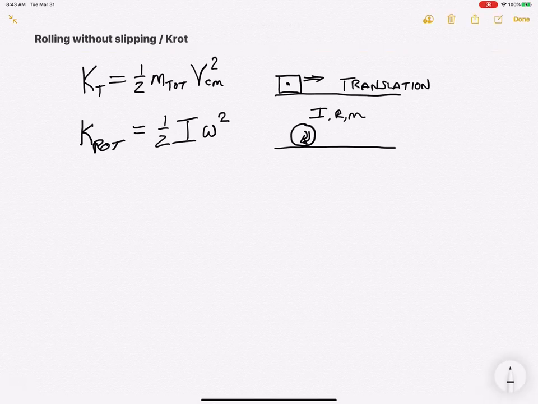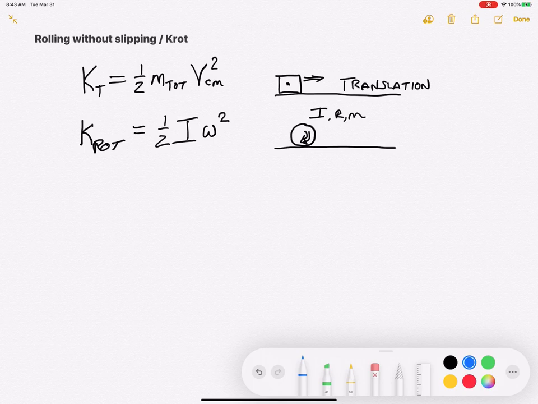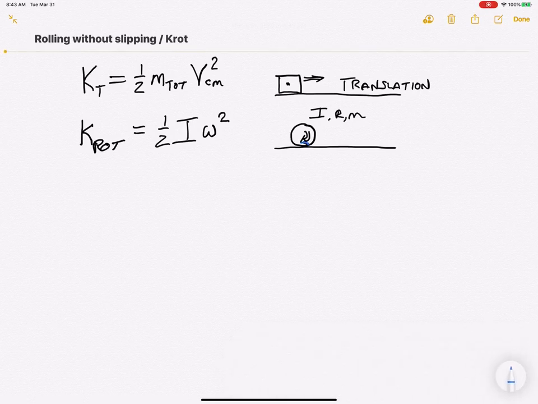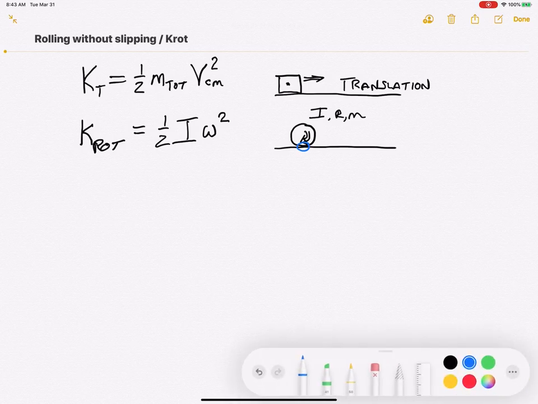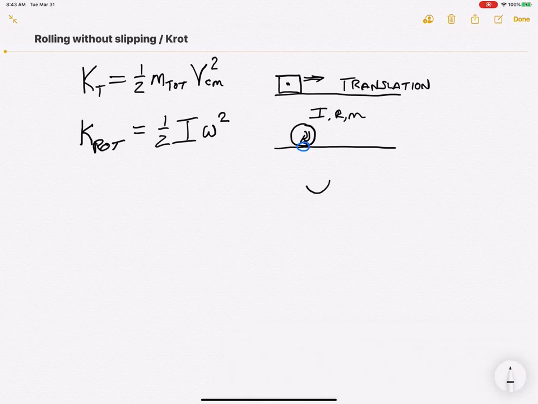So let's examine two things. First, let's zoom in on the landing zone, if you will. When we blow that up, we see the curve of the wheel and the floor.